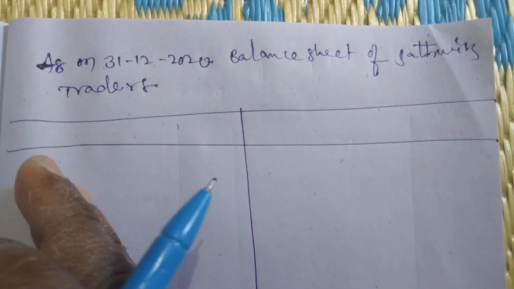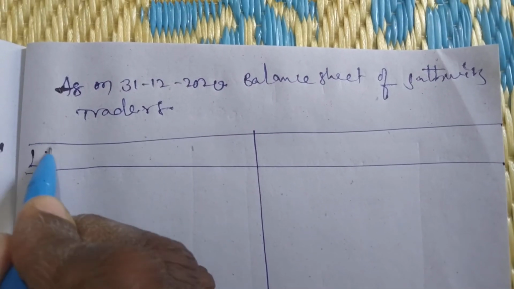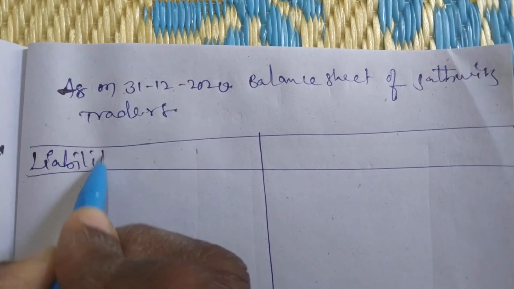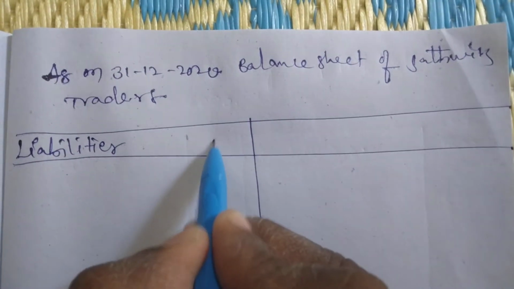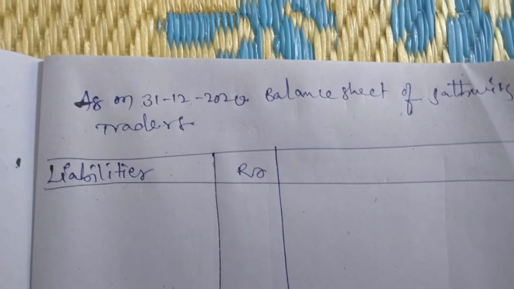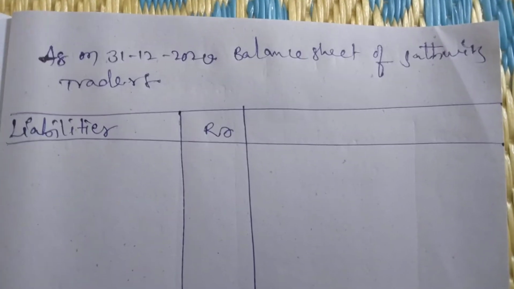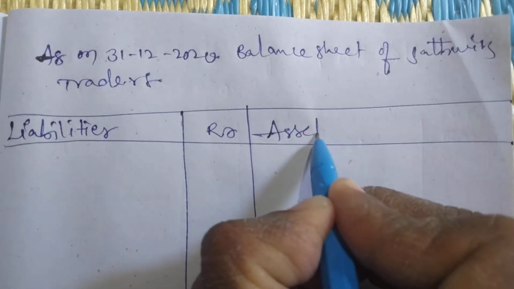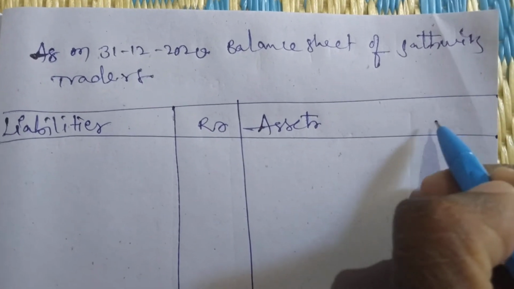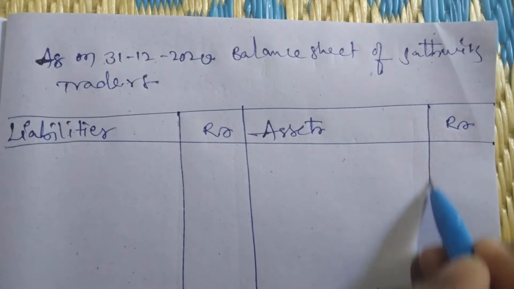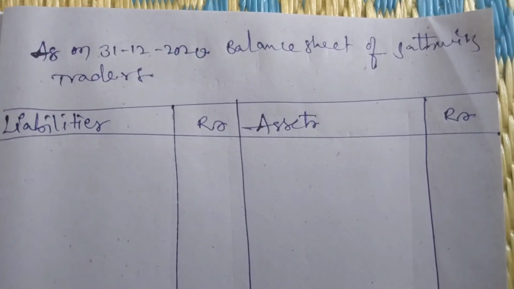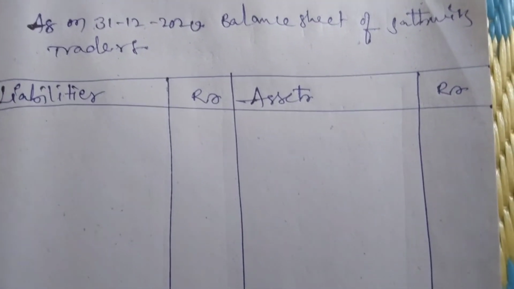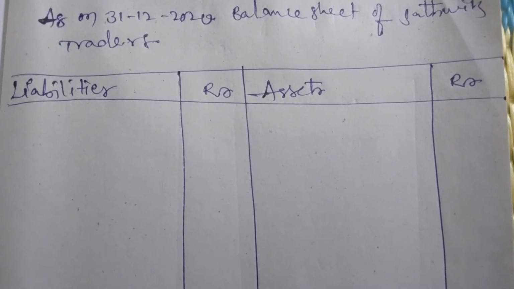The left part is liabilities, with a rupees column, and the right side is assets, also with a rupees column.